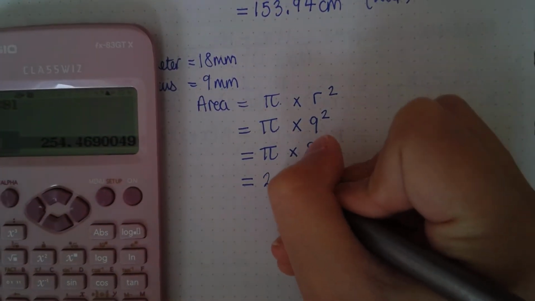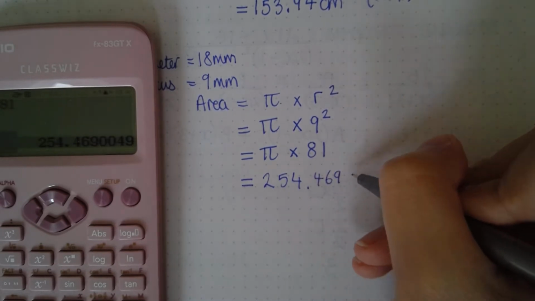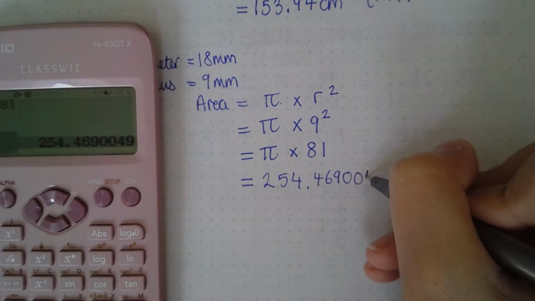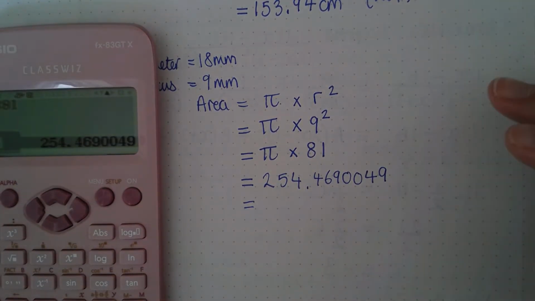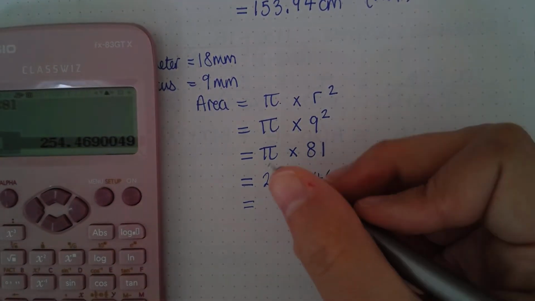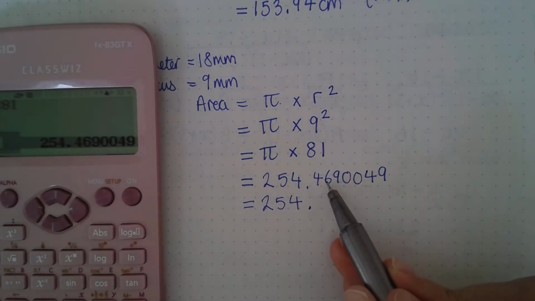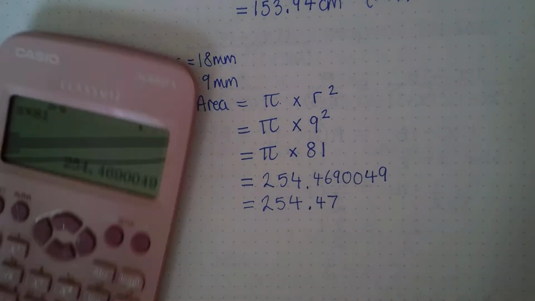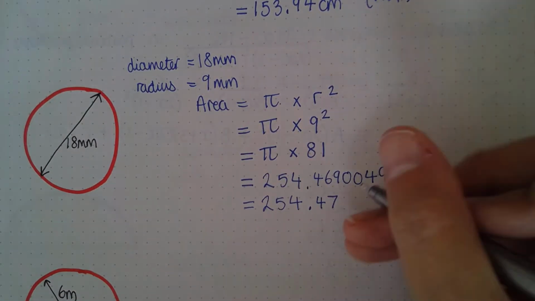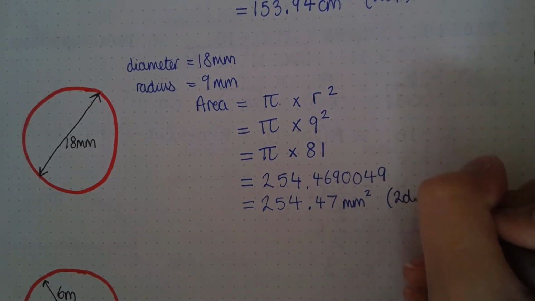So we get 254.46900049. It asked us in the question for 2 decimal places, so we've got 254.47, the 9 makes the 6 round up to a 7. Our units this time are millimetres squared, and it was to 2 decimal places.